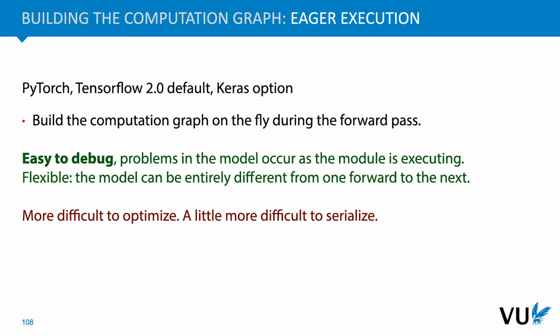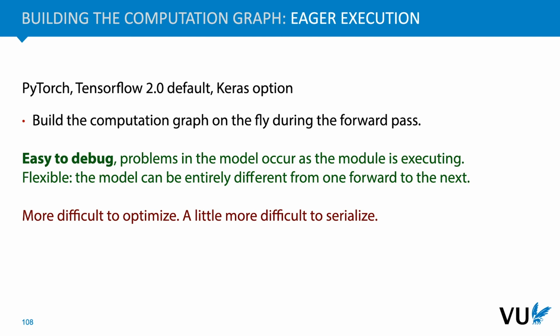This makes it easy to debug because, in contrast to lazy mode, when we make a mistake in our computation, the error happens at the moment we make that mistake. And if we put, for instance, a print statement somewhere in our computation, then the print statement is executed at the moment that part of our forward pass is executed.